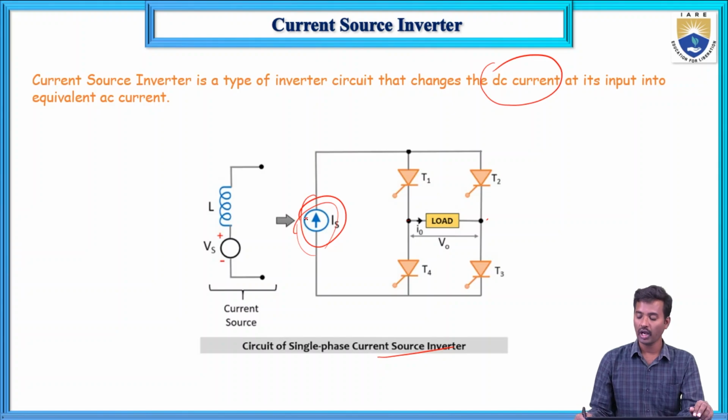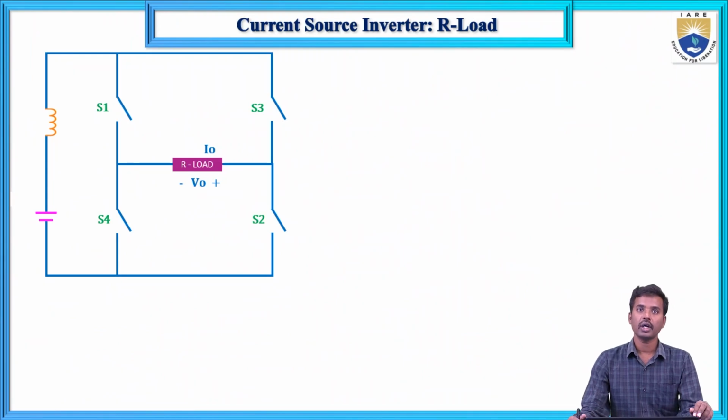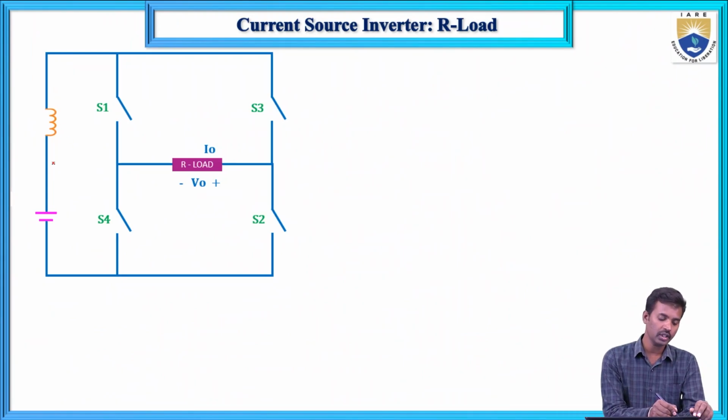Now I will explain the R load, C load and parallel RC load. First, this is the circuit diagram for the current source.